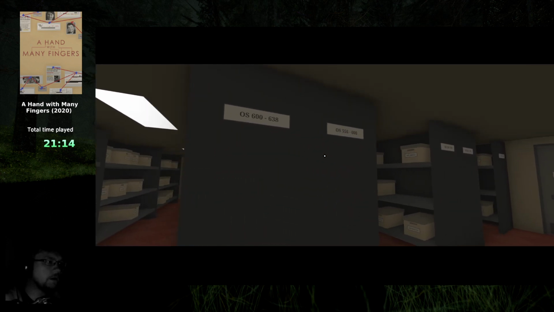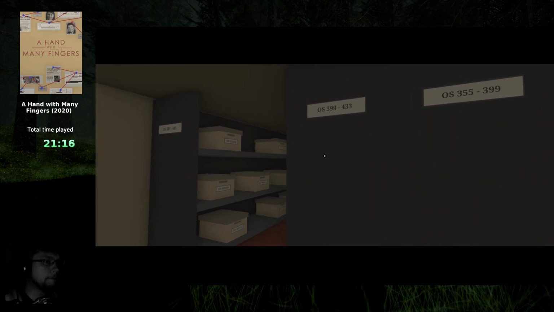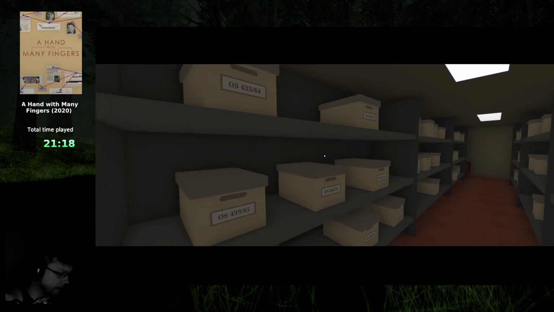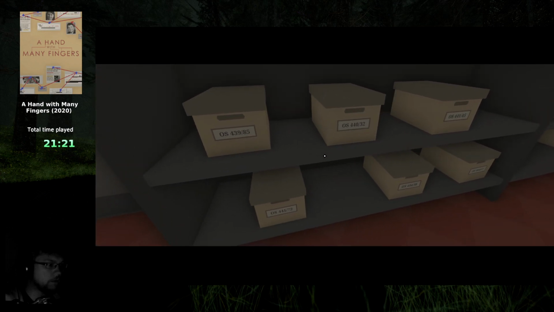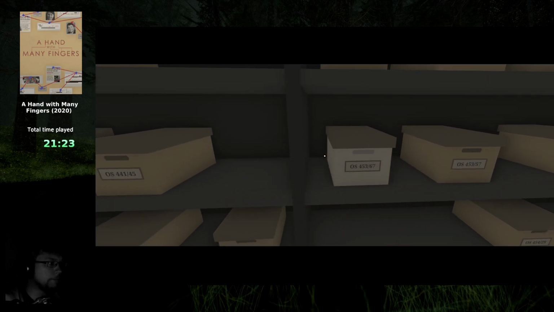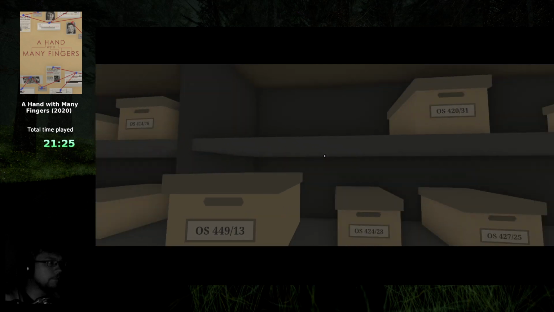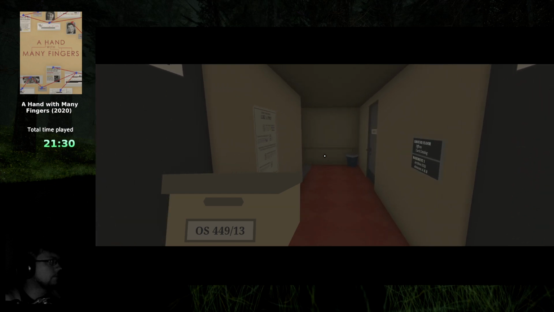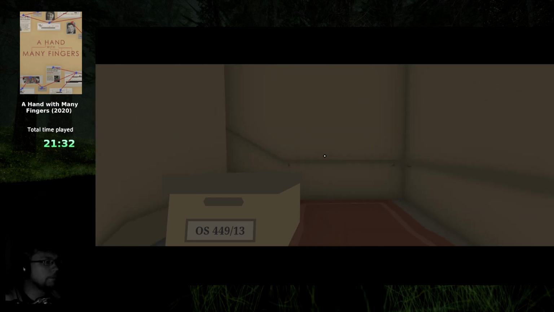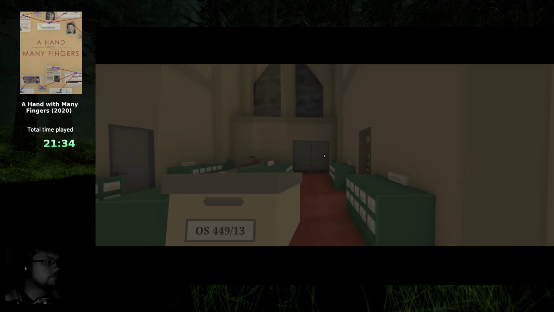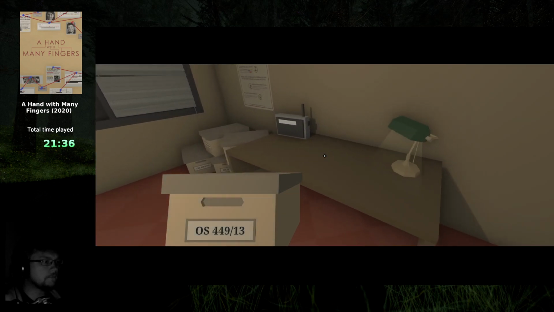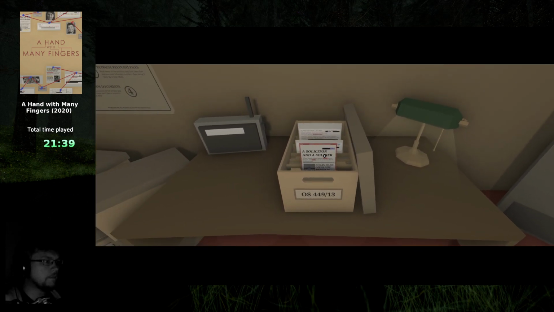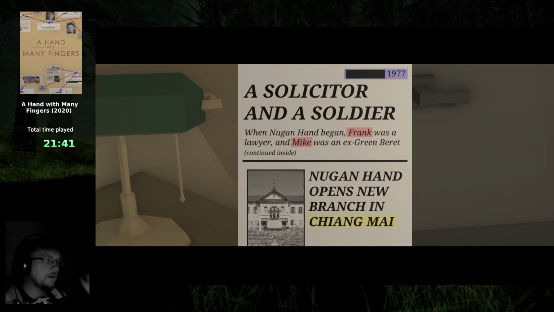Okay, so Hand has a history in decapitating people. Doesn't seem all that relevant, but, well, we're creating a profile here. 449 is the next one. 449 and 13. Solicitor and a soldier. Nugan Hand began. Frank was a lawyer and Mike was an ex-Green Beret.